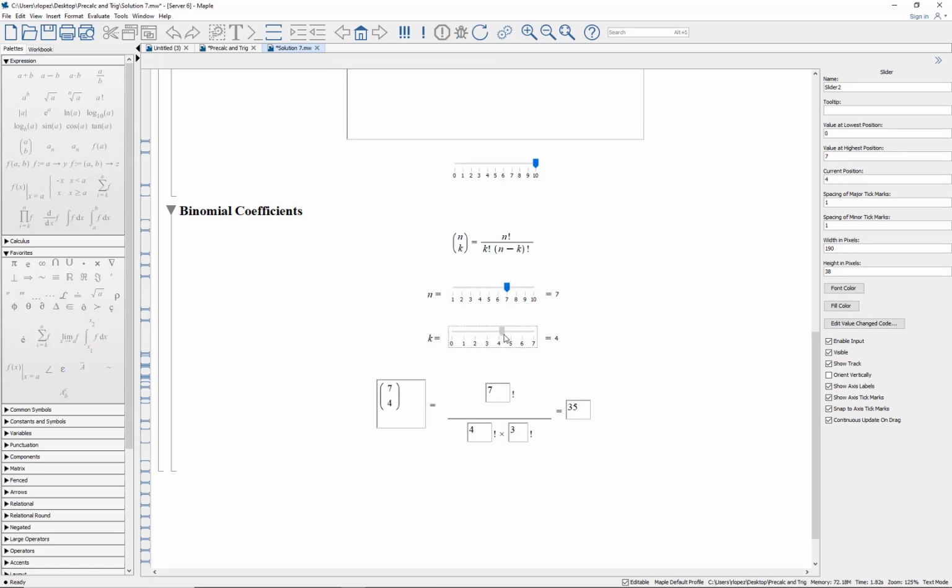So n has 7, k has 4, so you see 7 factorial, 4 factorial, 3 factorial, that evaluates to 35. So here's another way for a student to get some confidence, some experience, some insight into what this symbol means.